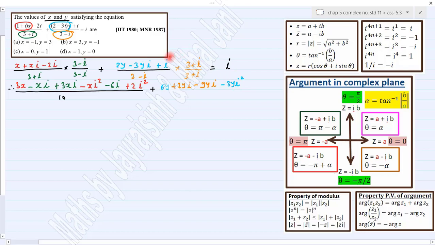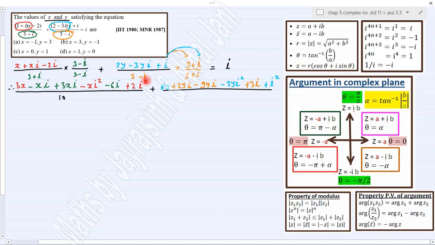Finally, your i multiplied with 3 will give us 3i. And i into i will give us i square. And in the denominator, we have the same thing. 3 minus i and 3 plus i will give us 10. And on the right hand side, we have only i.